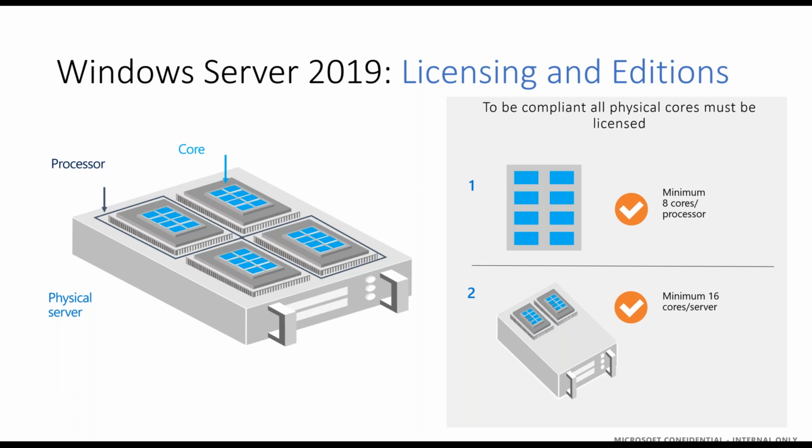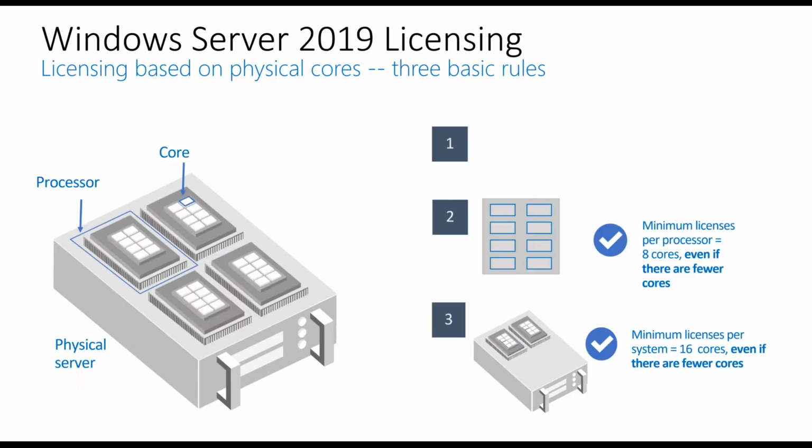All 32 cores need to be licensed, which means we need to purchase 32 core licenses from Microsoft. And we have the same shown here once more. Basically, the 3 rules: minimum 8 cores per processor, minimum 16 cores per server, and all cores need to be licensed.